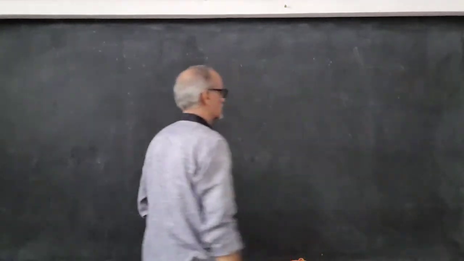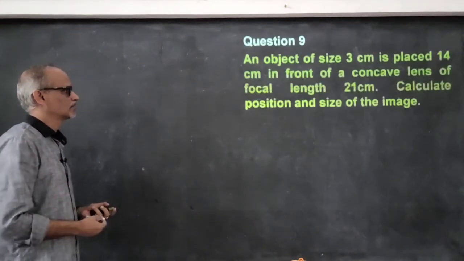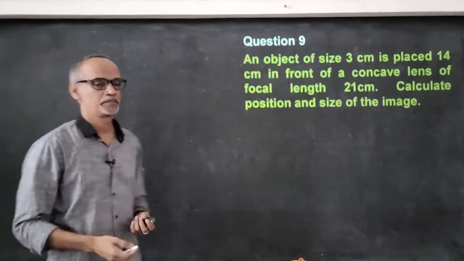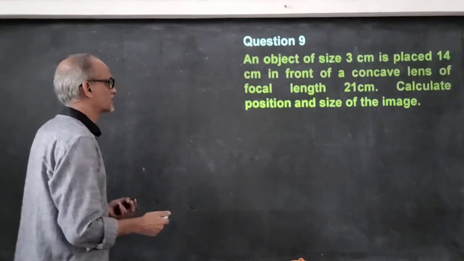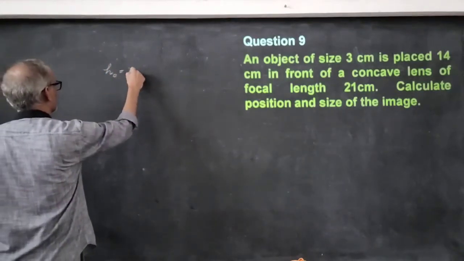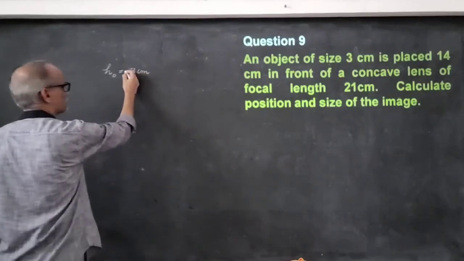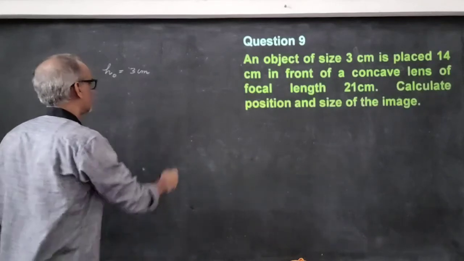Right. So, let us solve a numerical related to refraction. An object of size 3 centimeter. So, the height of the object is given as 3 centimeter, and it is placed 14 centimeter in front of a concave lens.